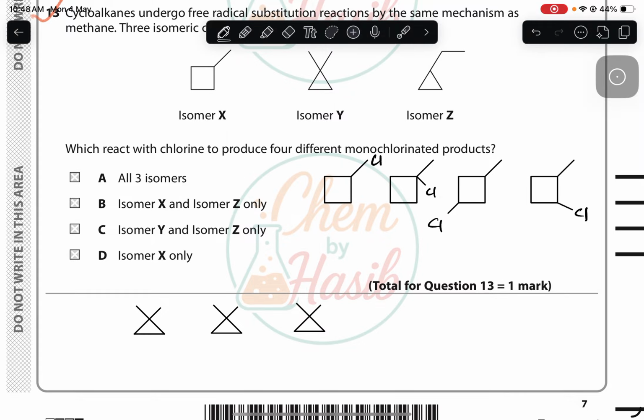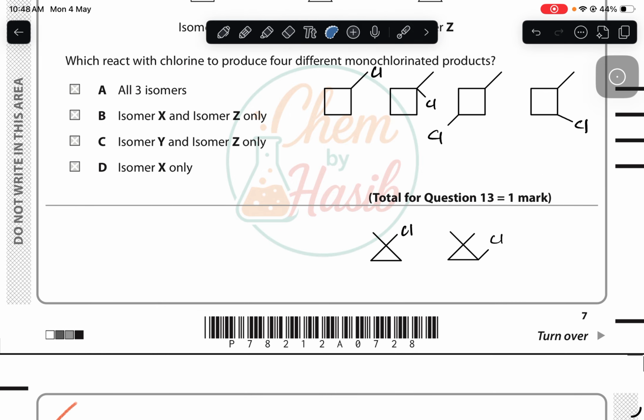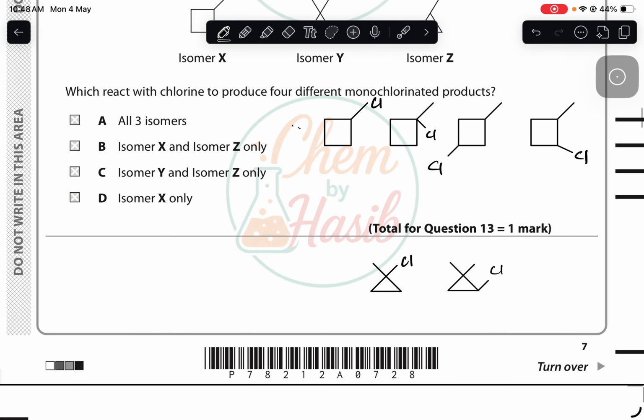One chlorine can substitute here. One chlorine can get substituted here. That's it. Y will only produce 2 monochlorinated products, not more than 2. This is isomer X, that's isomer Y.